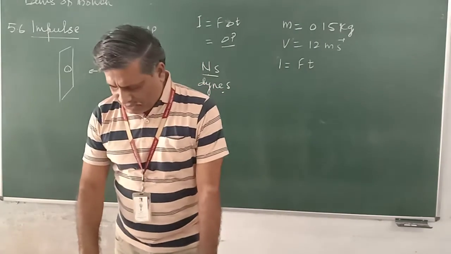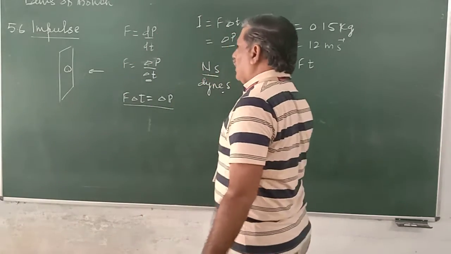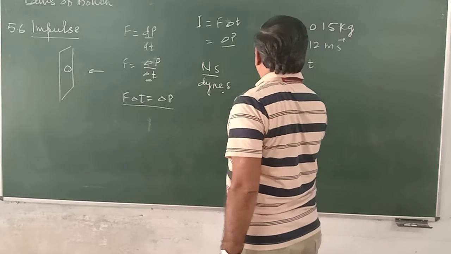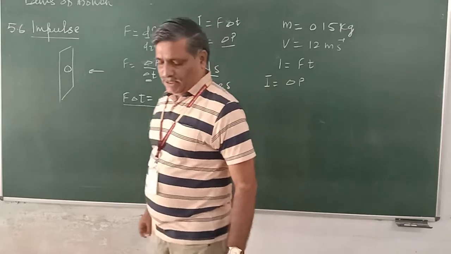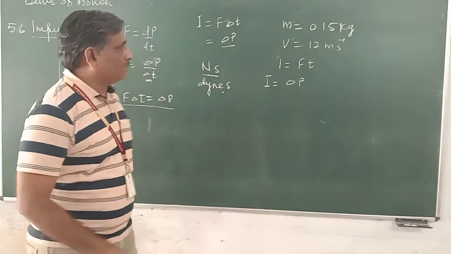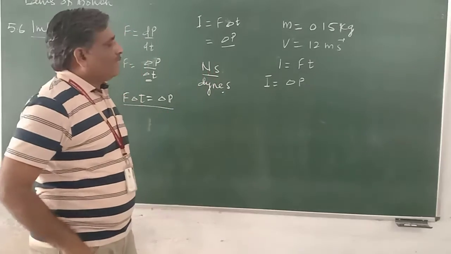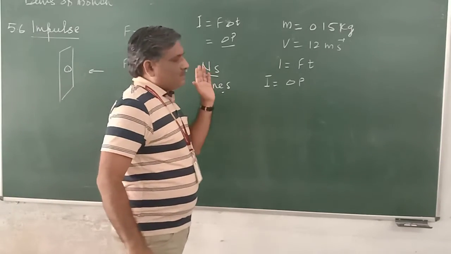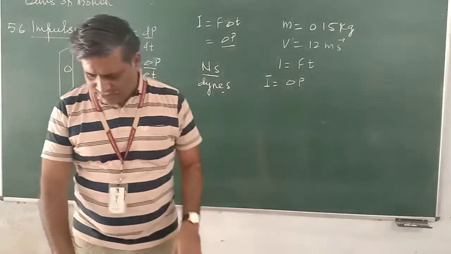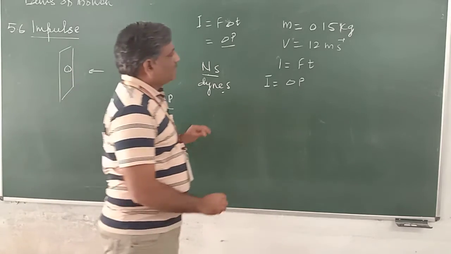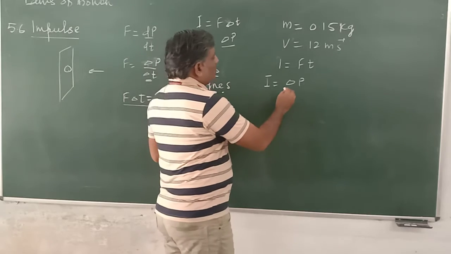How do we find this impulse? Impulse by definition is equal to the change in momentum. So how much is the change in momentum? Here is the bowler, and the ball's velocity changes.